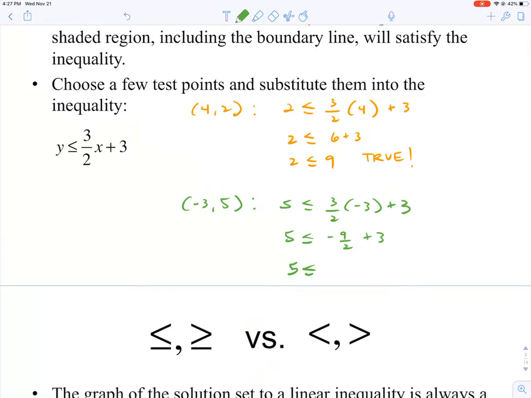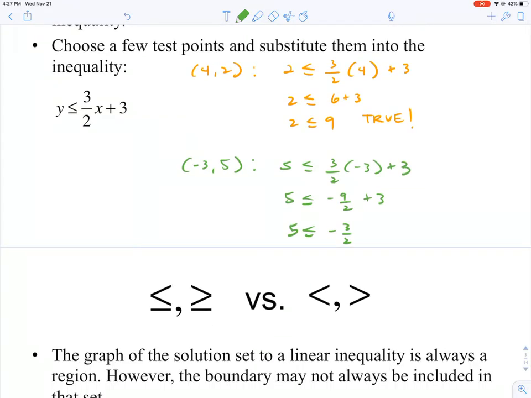Three can be thought of as 6/2, so negative 9/2 plus 6/2 gives us negative 3/2. Well, negative 3/2 is not greater than or equal to 5. That's a false statement.